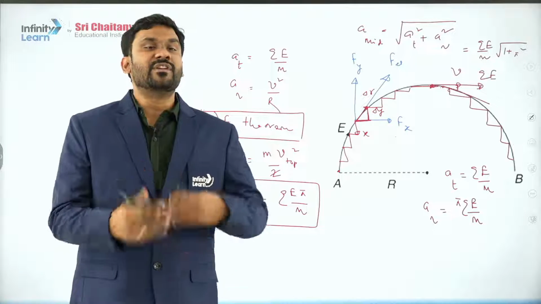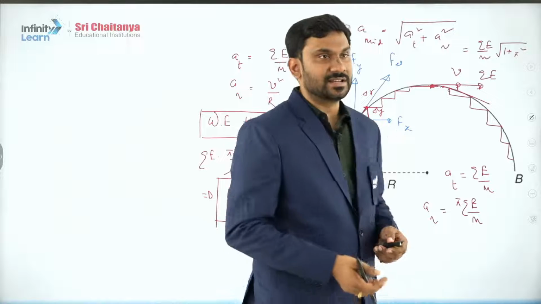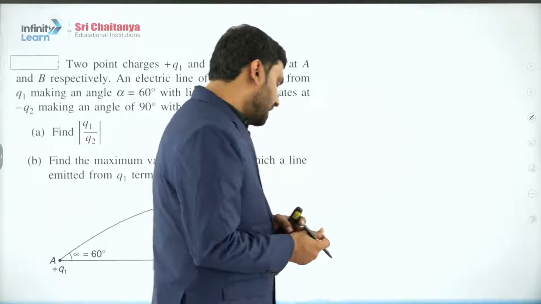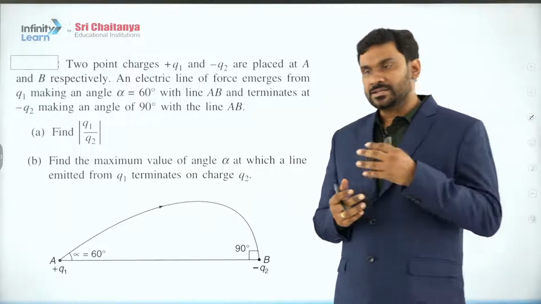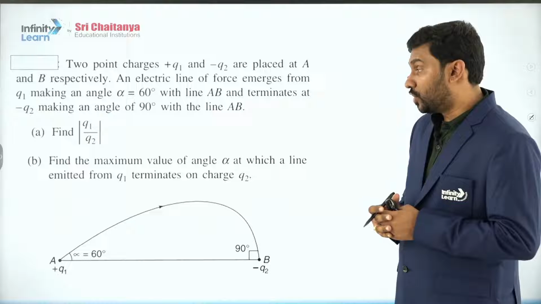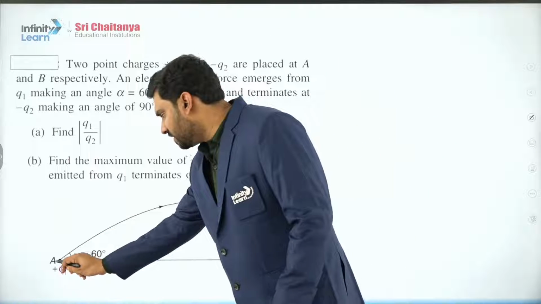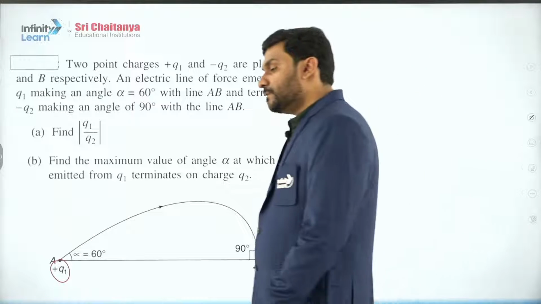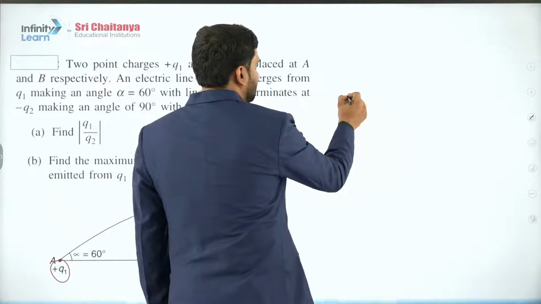Fine. I will see one more example of field lines, so that the idea about the field line becomes crystal clear. All right, let's see. In this case, the idea of field lines involves another concept from Gauss law, which is solid angle. Here is a field line originating from Q1 and terminating at point B. I will just give you a brief idea so that you don't have to think a lot about the calculation.